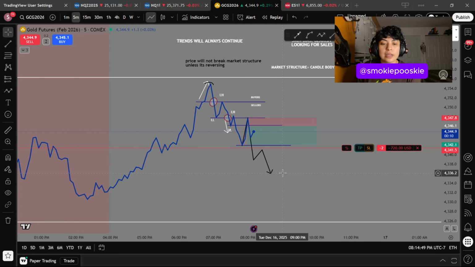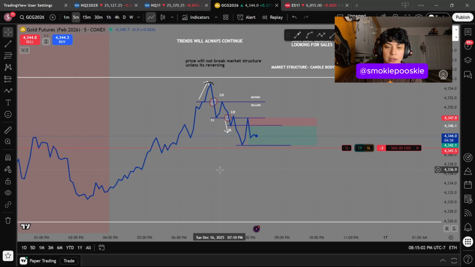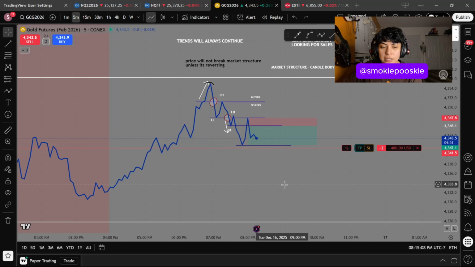This is why it's so important to only be on the charts if you're scalping for literally how long? 2 hours? From 6:55 to 8:15.